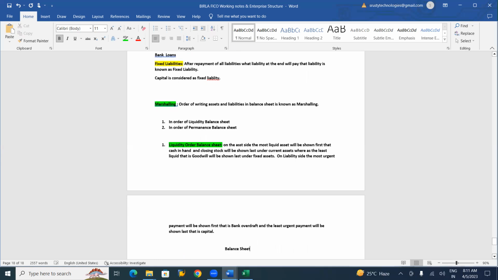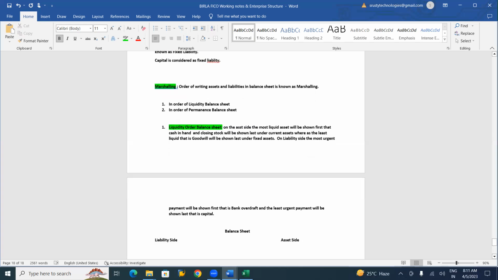So here is how the balance sheet will be prepared. We have two sides: the liability side and the asset side. On the liability side, we make current liabilities, and on the asset side, current assets.